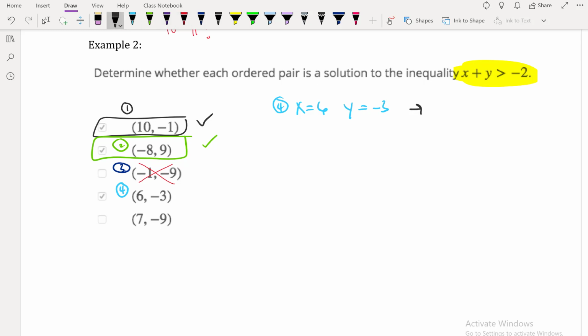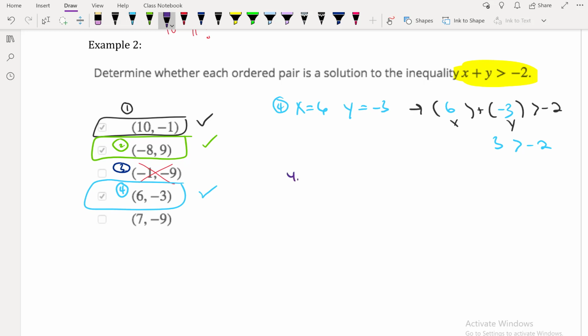And I'm plugging it into the equation x plus y greater than negative 2. And the values that I'm plugging in for x is 6 and for y is a negative 3. 6 plus negative 3 gives me 3. Is 3 bigger than negative 2? It is. That also checks out.